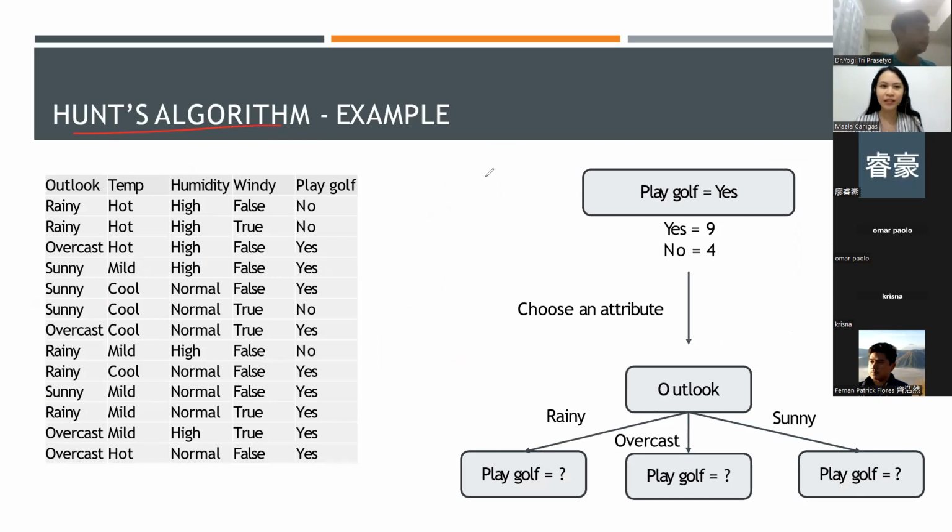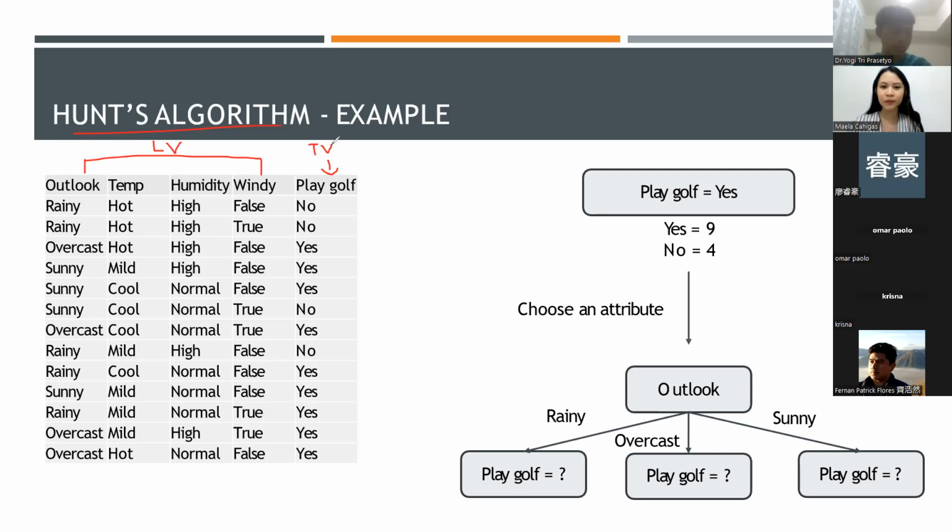So in Hunt's algorithm, specifically using our random forest and decision tree classifier, we have these factors. In the Turkey earthquake data, your factors would be your latent variables. And for this one, it's what we call the target variable.